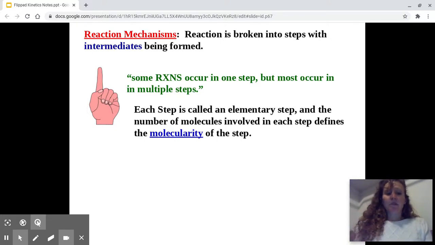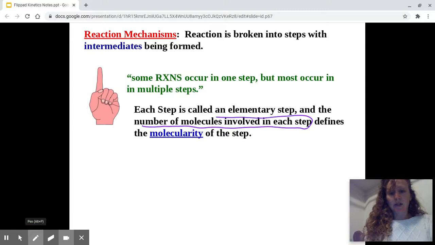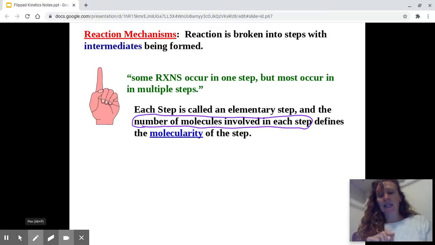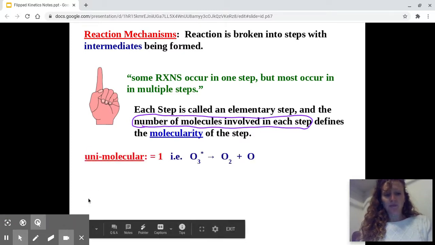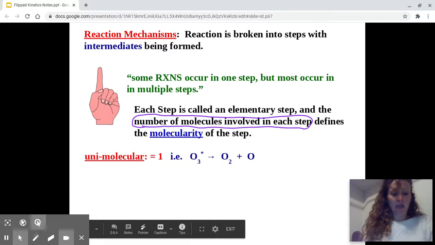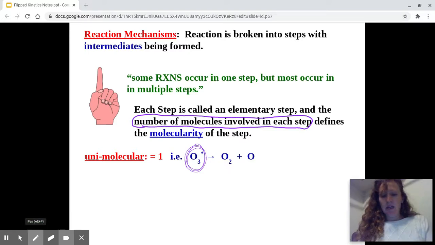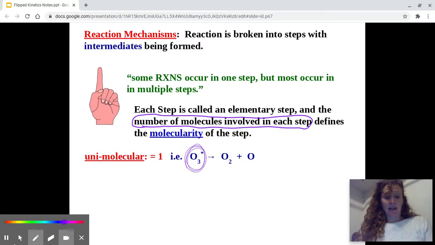The number of molecules involved in the step is what we call the molecularity of the step. So let me show you some examples of that. This would be a unimolecular step because there's only one molecule on the reactants side.